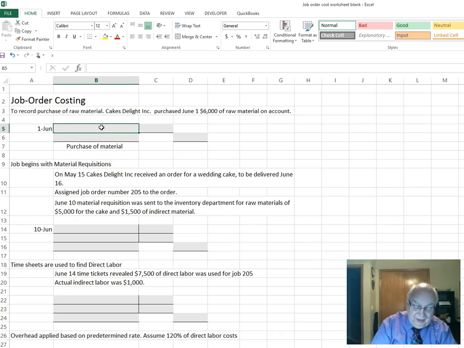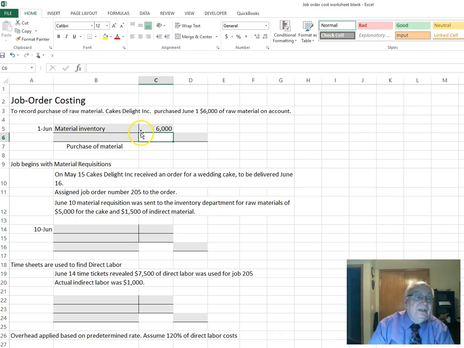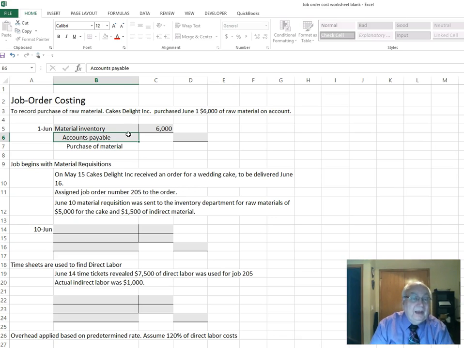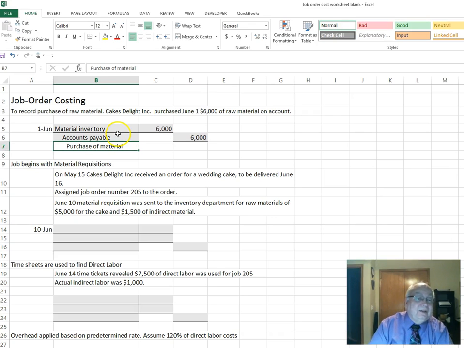So we would debit material inventory for the $6,000. And we credit the accounts payable, that was on account, and that's for $6,000. All we did there was purchase the material. No big deal there.